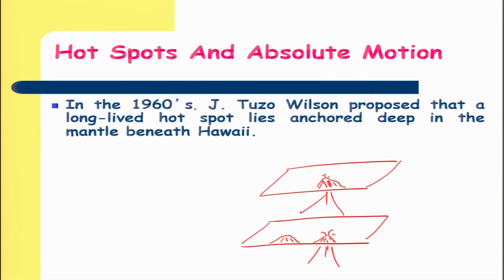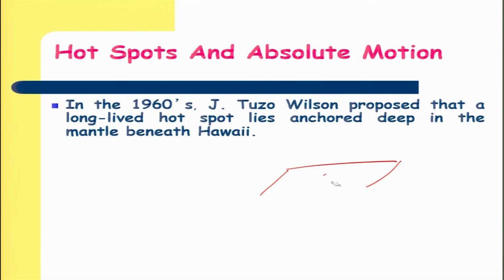But another important feature which they observed was that they had volcanoes here like this, and then there was a sudden change in the direction. I will explain in the next slide how they tried to map it and how they concluded that the plate movement is there, of course, and that the direction of the motion changed over time.